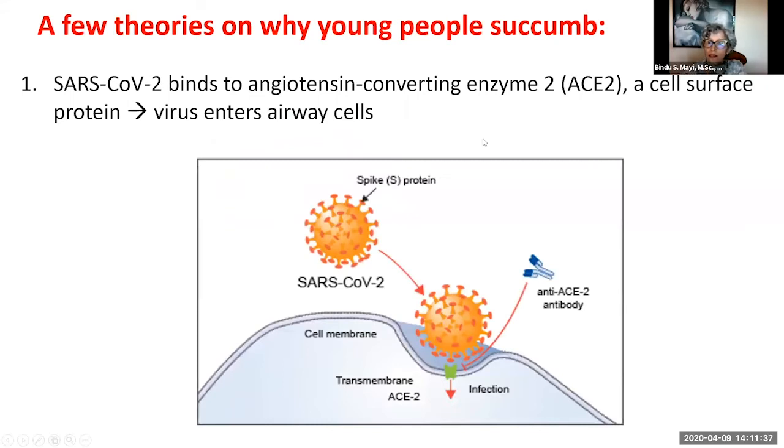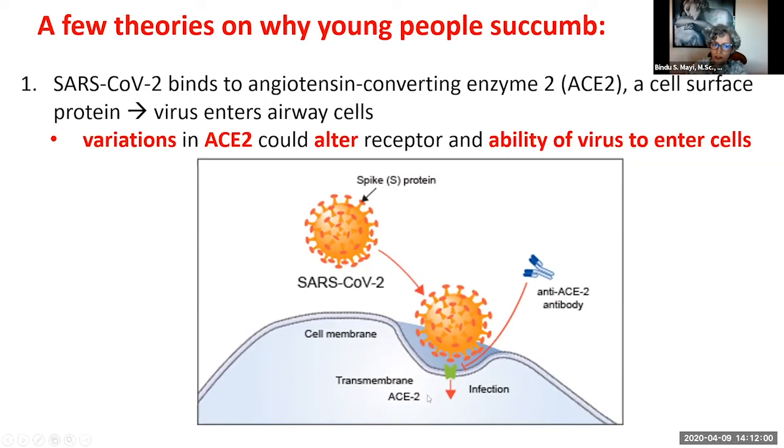So as to why young people are succumbing, there are a few theories about this, one of which is that SARS-CoV-2 binds to this receptor called ACE2, which is on the surface of the cell that it's going to infect, right? And that interaction is essential for the virus to enter the cell and start replicating and create more copies of itself.